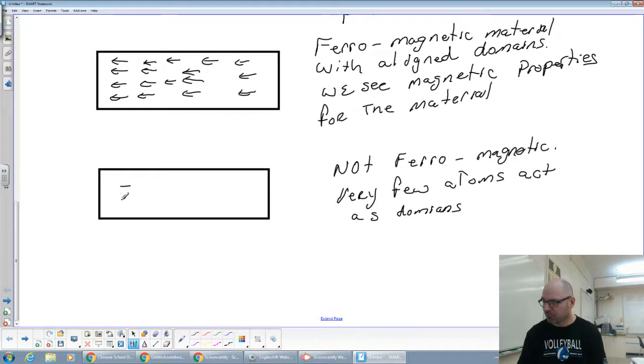So we can just draw some lines for atoms or whatever, but on all these particles, you might have one or two domains. That's it, not very many at all. Maybe none particularly at all, depending on what type of material it is, right? So if it's non-ferromagnetic, no domains or very, very few domains exist. And then therefore they can't become aligned and they can't have magnetic properties. So there's no magnetic properties.